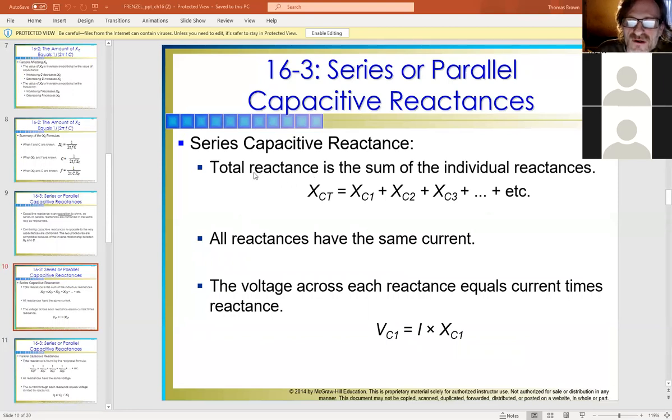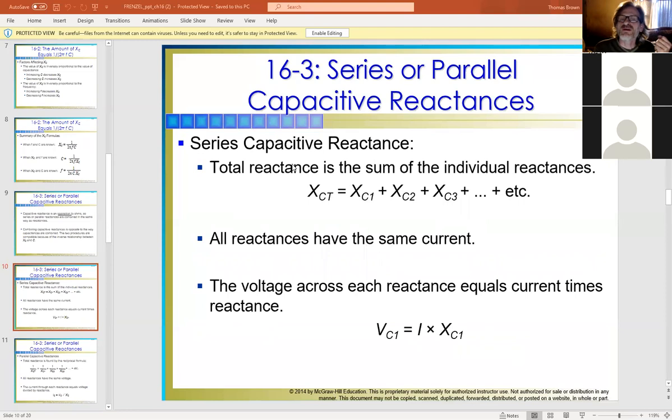In this case, we have a series circuit with individual reactances, right? We want to find out what the X of C total is. You simply add them up: X of C1, X of C2, and so on and so on.